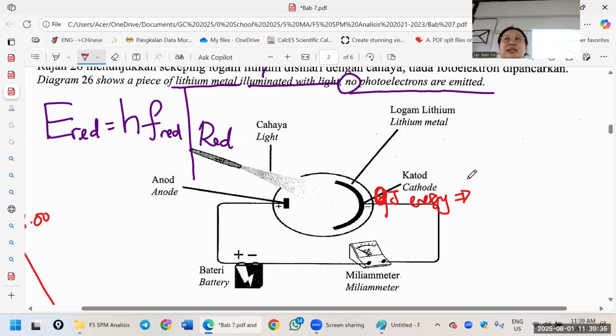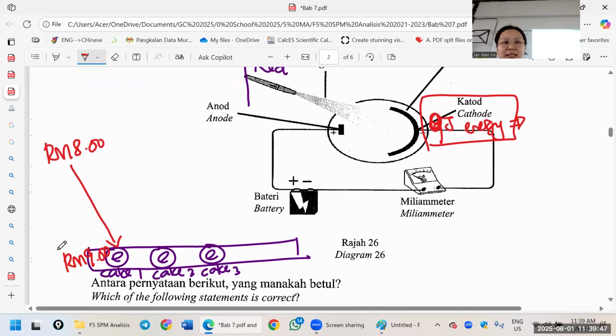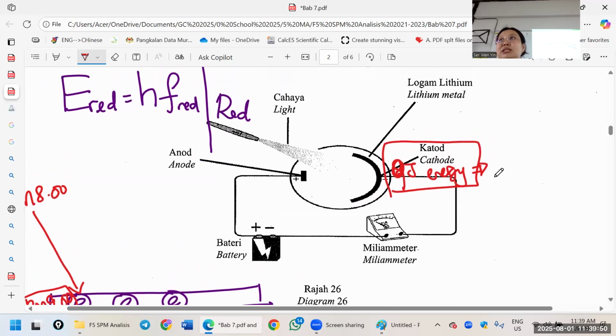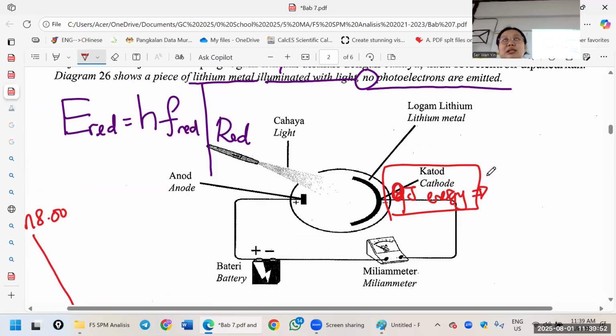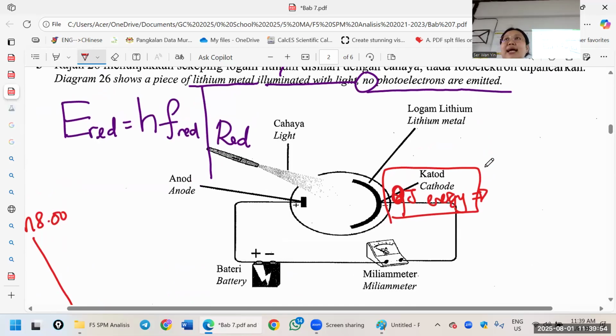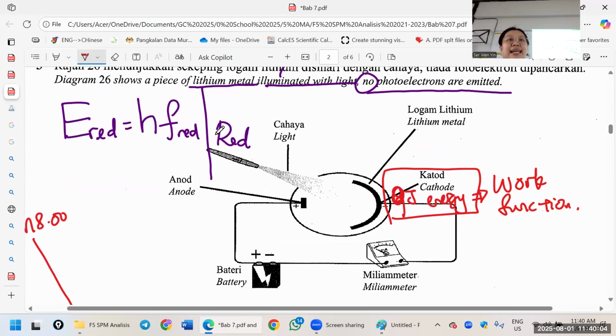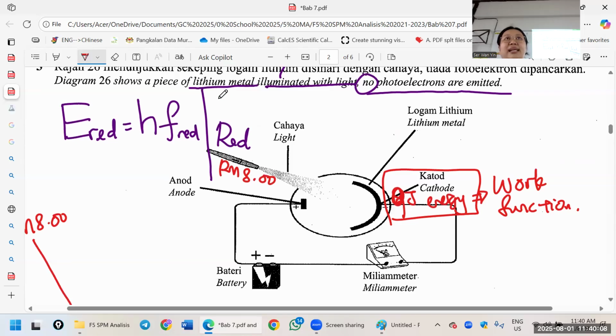What is the name of this energy? 9 ringgit is your fixed price. It's work function. Red light is 8 ringgit. 8 ringgit means this is what kind of energy?